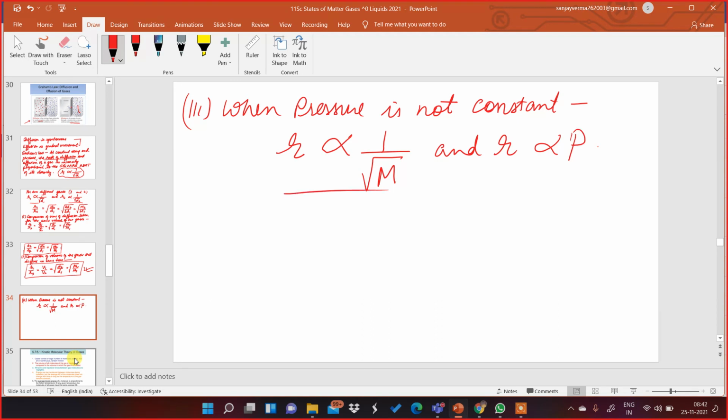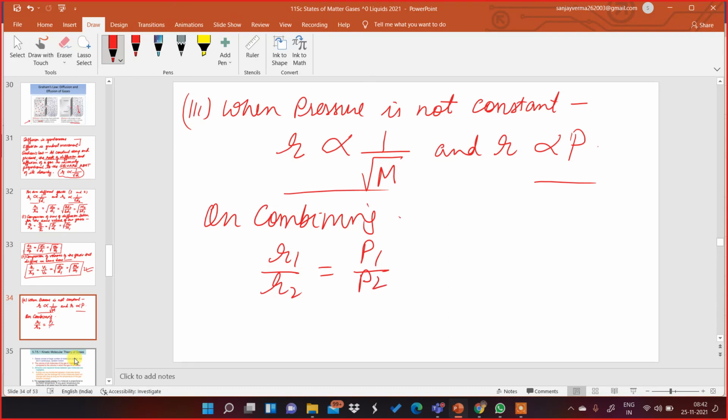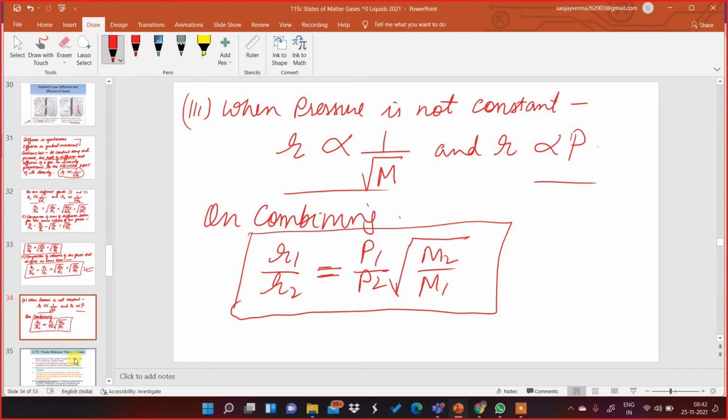So if you combine these two relationships, on combining these two equations for two different gases, the final formula becomes R1 by R2 is equal to P1 by P2 under root, M2 by M1. So when the pressure is not constant, the pressure is changing, then you have to use this formula.